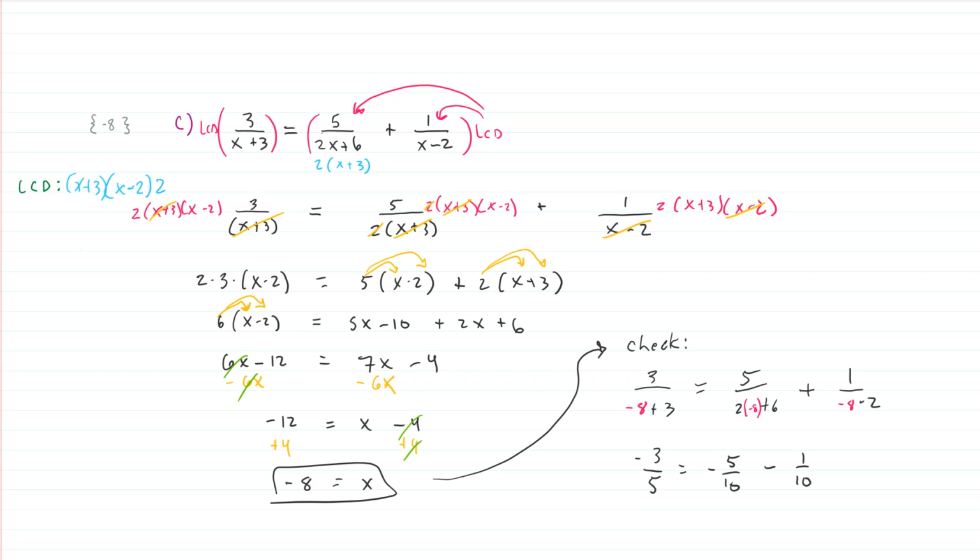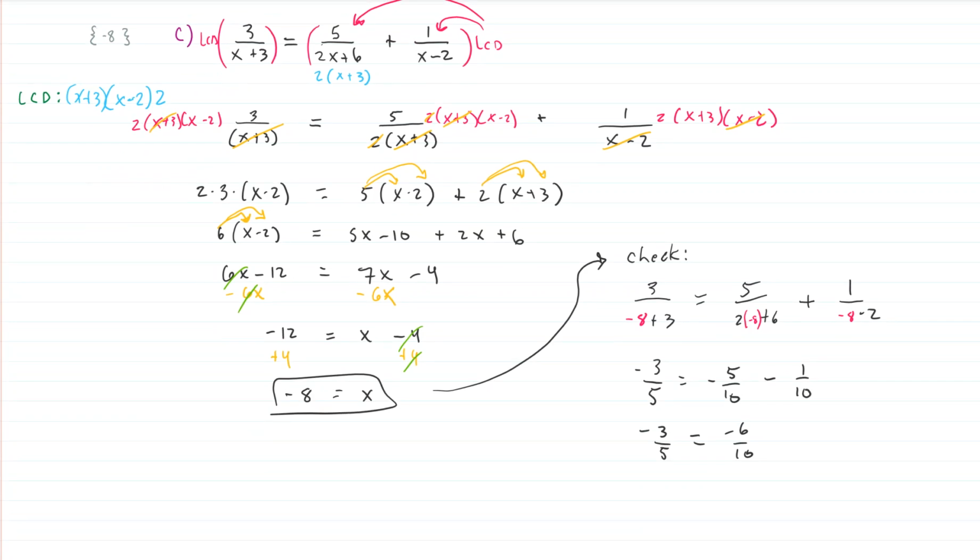So if we keep going, we have negative 3 over 5 and negative 6 over 10. We can simplify the negative 6 over 10 because the 6 is 3 times 2, and then we have negative 5, or positive 5 times 2, and the 2's can cancel.